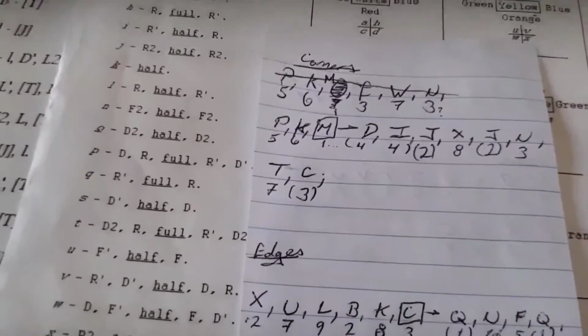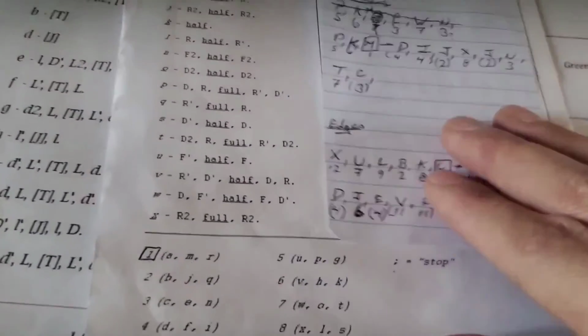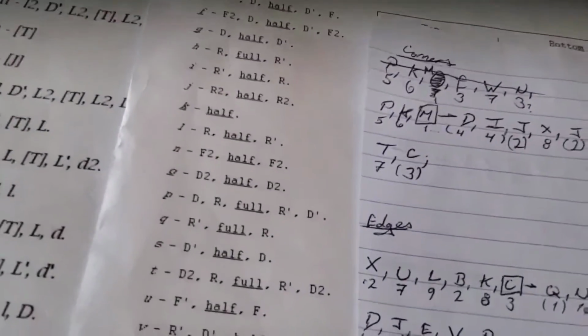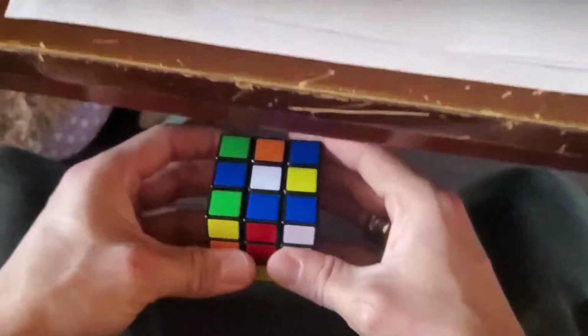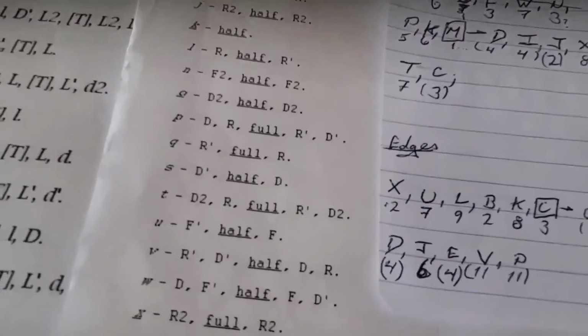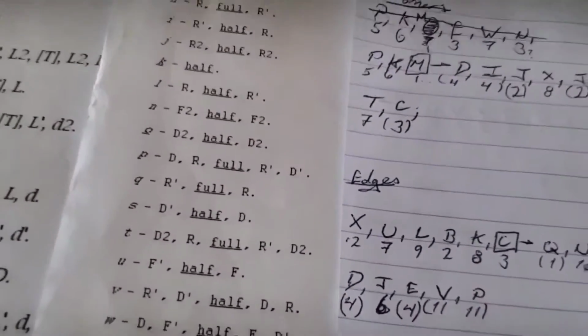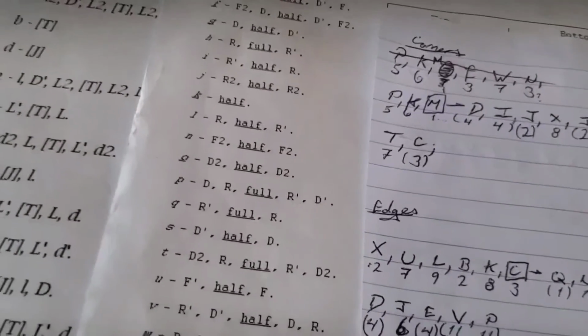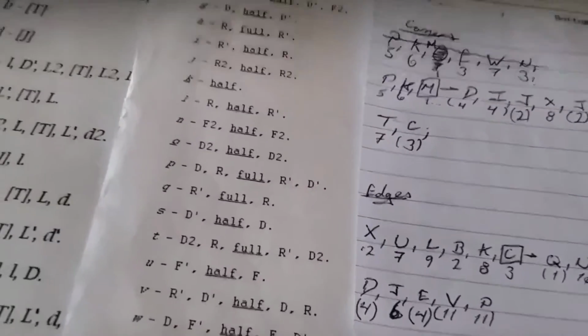So P first. Wait. Let's move this paper a little bit better. Sorry, I'm using the phone as a viewfinder so I can see because it's quite big. Okay. So P is first. Hold on, make sure my orientation is correct. Okay, P. Now half and full is the wide perm with or without the first step, basically.